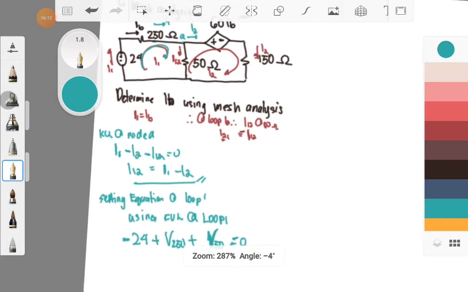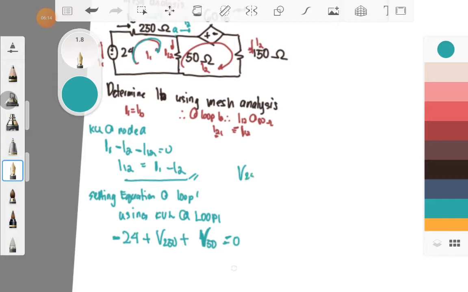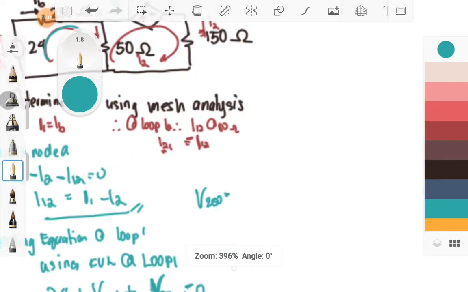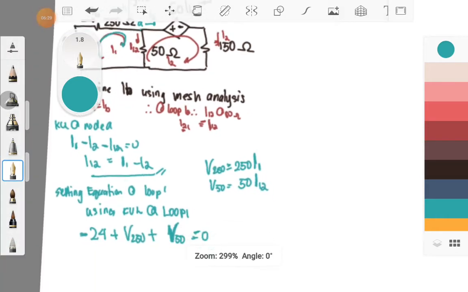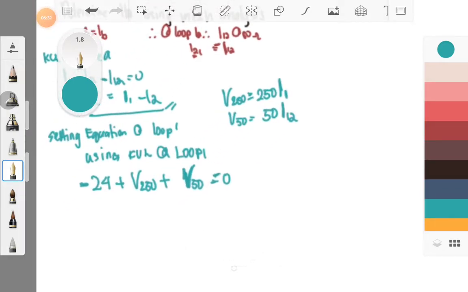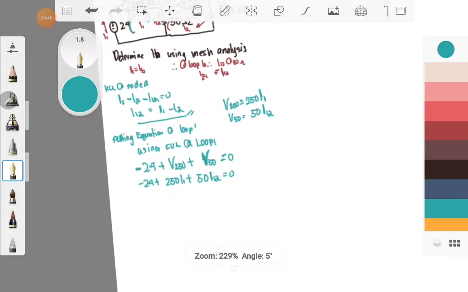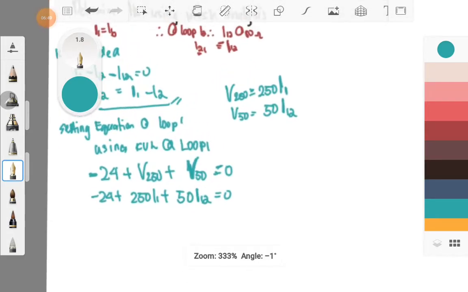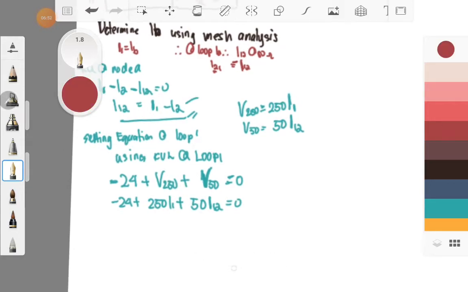So our V250 is equal to what? 250 multiplied by I1, since it is in the same direction as our I1, and our V50 is equal to 50 multiplied by I12, since it is in the same direction as I12. So we have negative 24 plus 250 I1 plus 50 I12, which is equal to 0. Take note that our I12 was described as I1 minus I2.